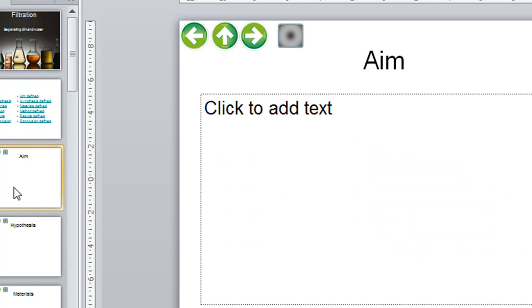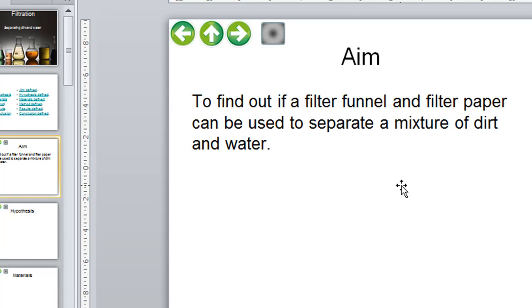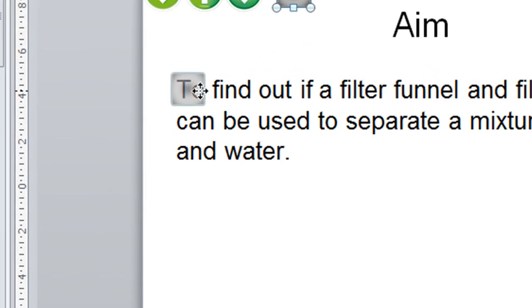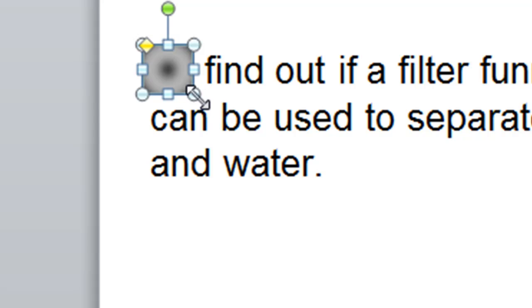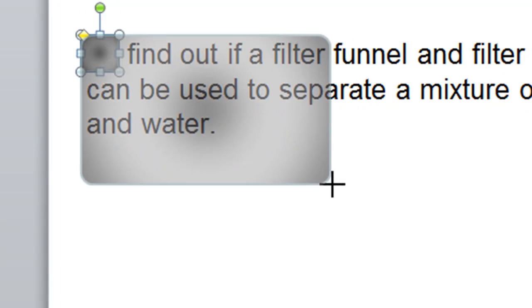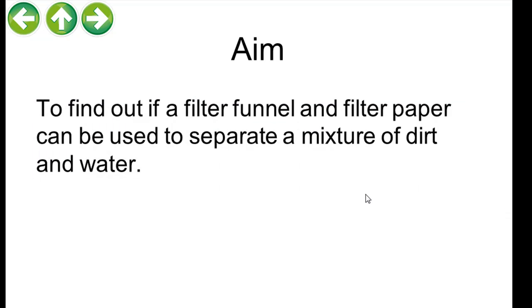The third slide is where you'd input your aim. Now, I've put in the aim here, and as you can see, you've got this box up the top here. If you drag this box down and resize it to cover that, then when you play this presentation for your students, this box is set up so that it will actually cover the aim, and when you click on it, it'll disappear to reveal it.